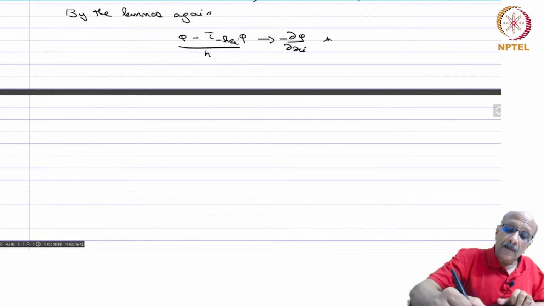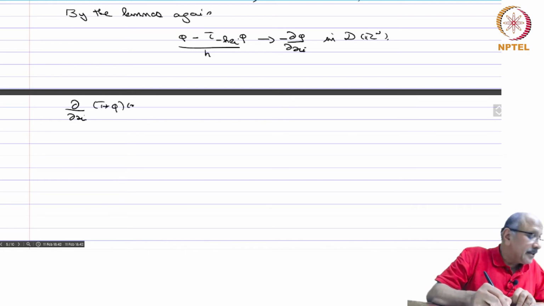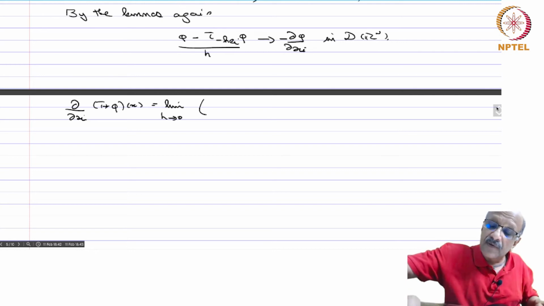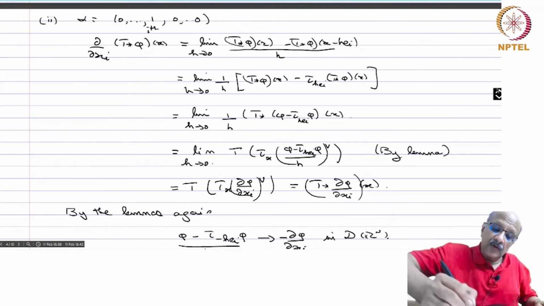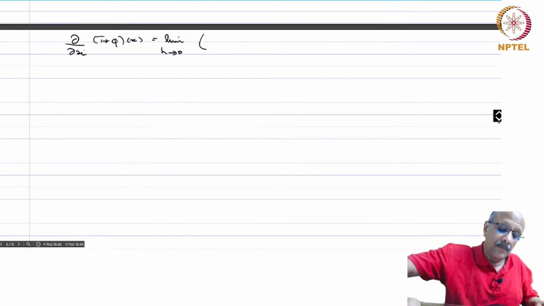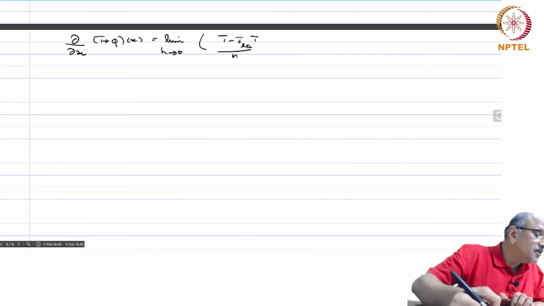Okay, so therefore, in D of Rn, d by dxi of T star phi at any x is the limit as h goes to 0. Now, I will take the tau in a different place. So, this tau can be pushed, we pushed it to the phi earlier, now we will push it to the T. So, this will be equal to T minus tau h ei of T by h star phi.